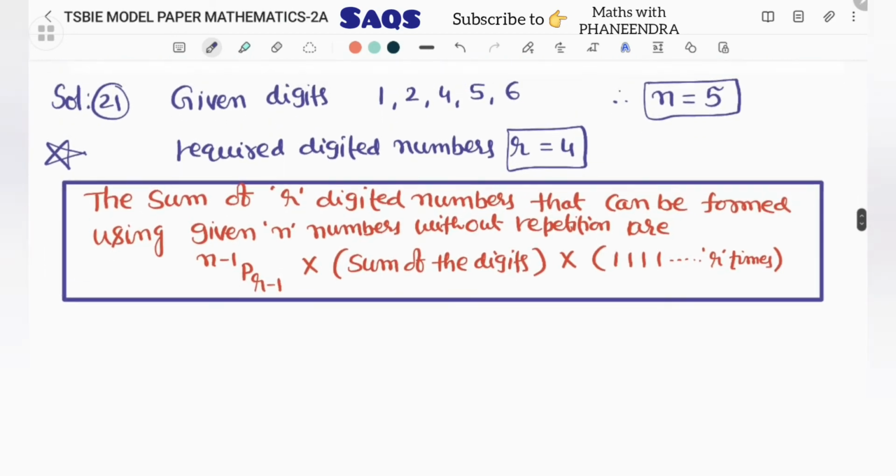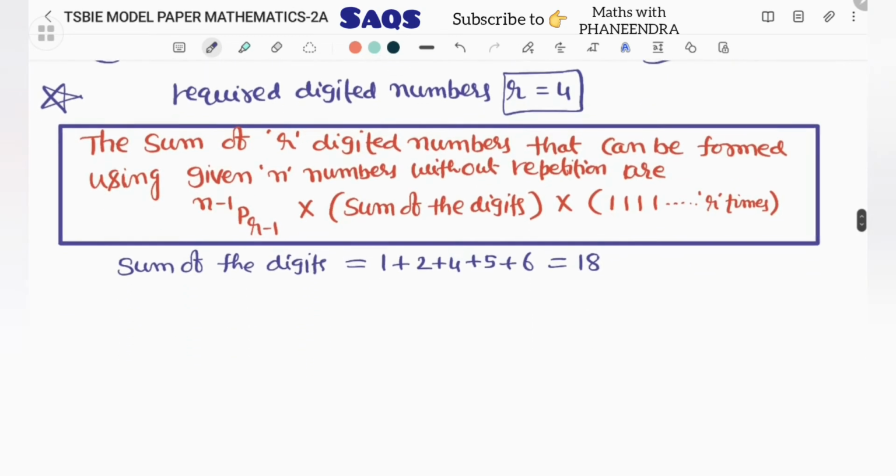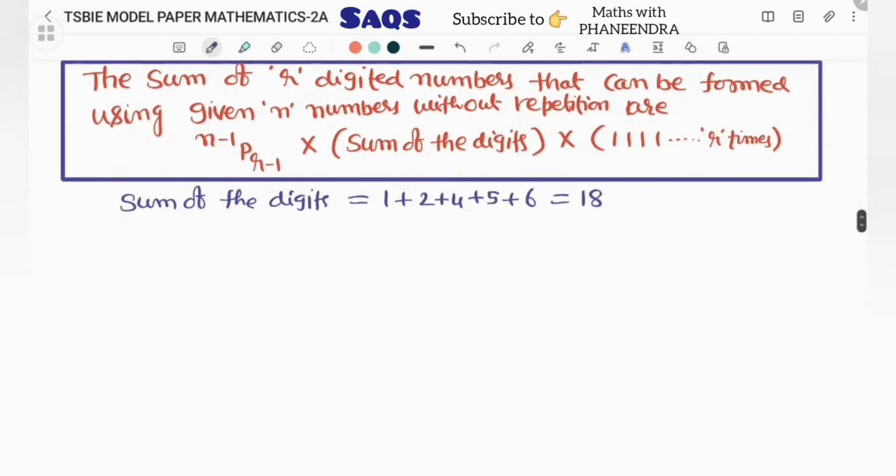So for this, we need to add the sum of the digits. Here, the sum of the digits is 1 plus 2 plus 4 plus 5 plus 6: 6 plus 4, 10. 10 plus 7, 17, 18. So the remaining you can substitute in this formula and get the answer.